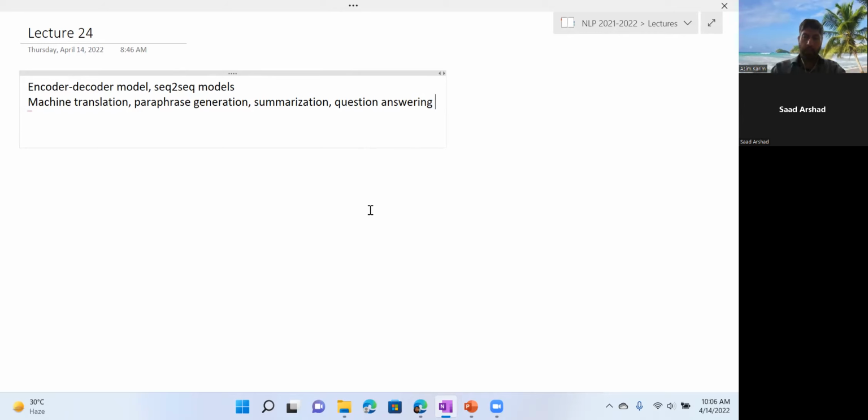And similarly, you can think of an encoder decoder model being used in a conversational agent, or a dialogue agent, or a chatbot. So in this case, you have two-way communication between two agents, or agent and human being. So you have something that's asked or spoken or written, and then you have a response that is generated. So both of these, the input and output here again might be of different length.